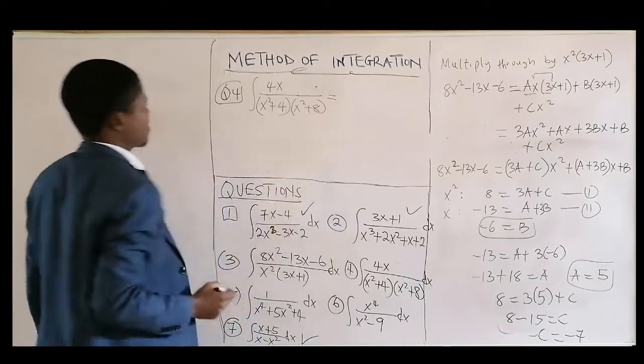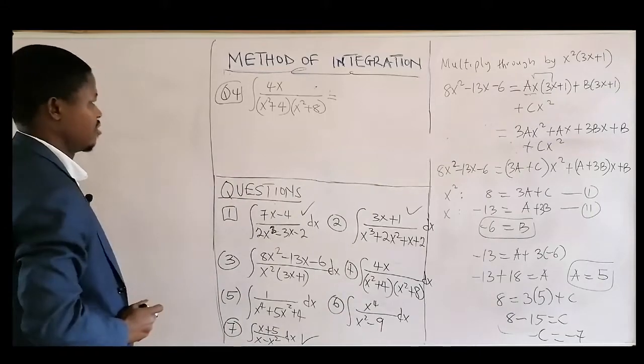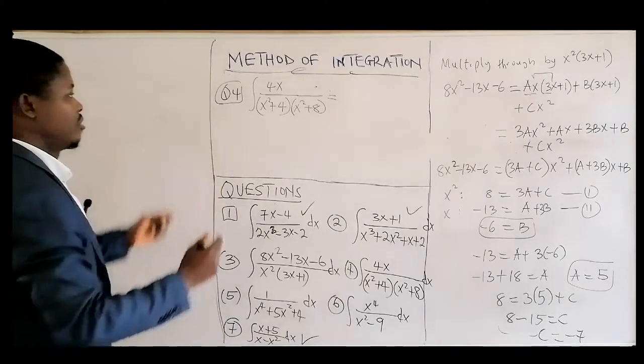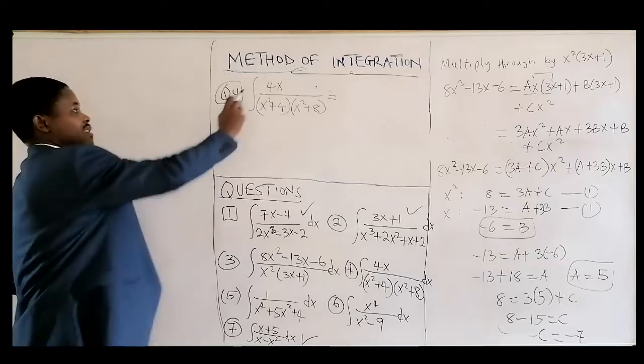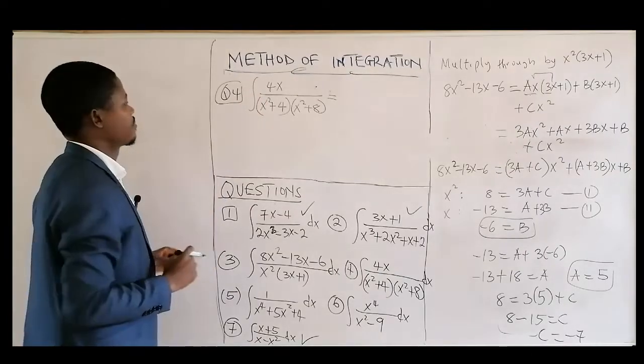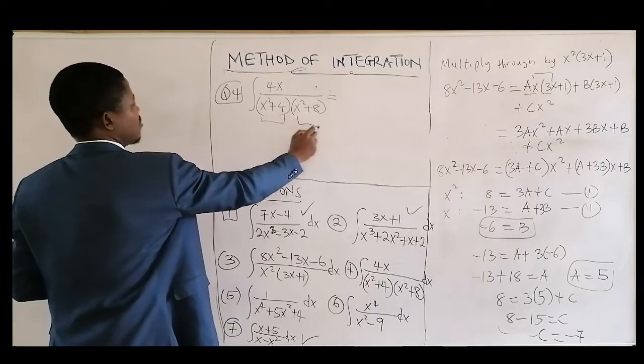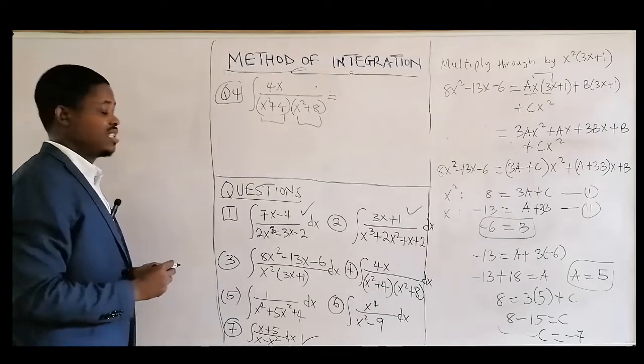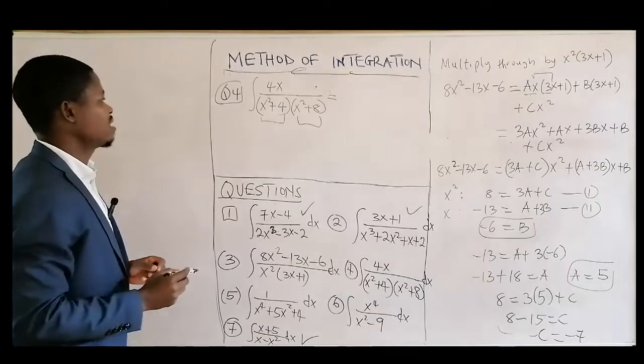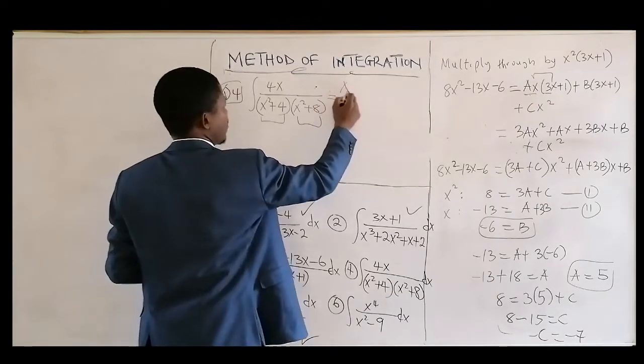Observation 1 is that the denominator power is higher than the numerator. Observation 2, each of those factors is quadratic in nature. And when you have quadratic, this will be your form.